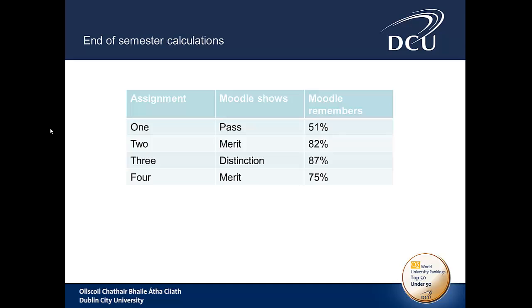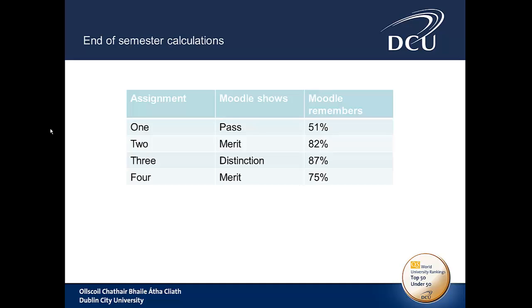An additional benefit is Moodle's memory when it comes to scales and letters. If we use a course with 4 assignments for this example, the lecturer provides a mark and Moodle converts the mark into either a fail, pass, merit or distinction and displays this to the student, but crucially does not display the mark provided.